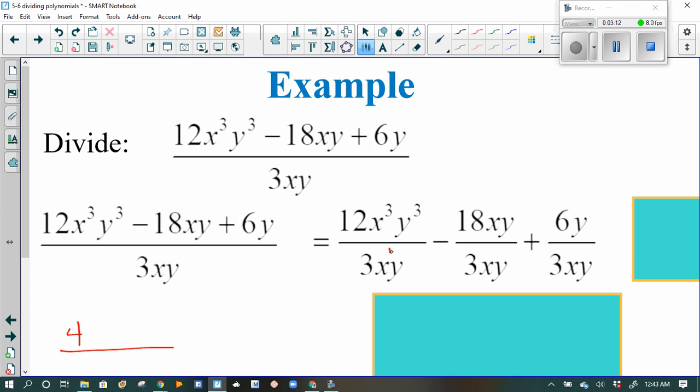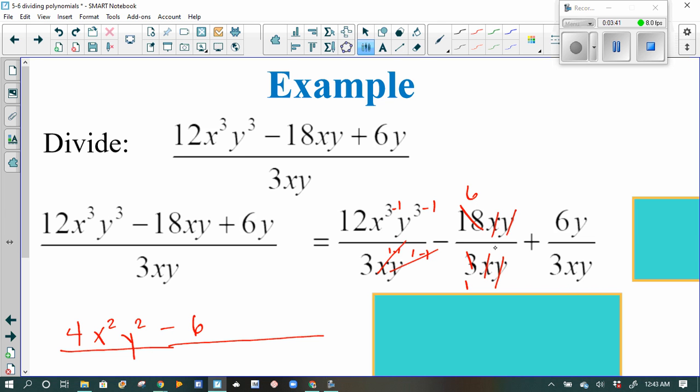There's a 1 here, so if I subtract 1 and subtract 1, I get x squared, and that's a 1, so I subtract a 1 from both, so that's y squared. Now I've got minus. 3 goes into itself once, it goes into 18 6 times, so minus 6. The x's cancel out, and so do the y's because they're the same. So this first term becomes 4x squared y squared.